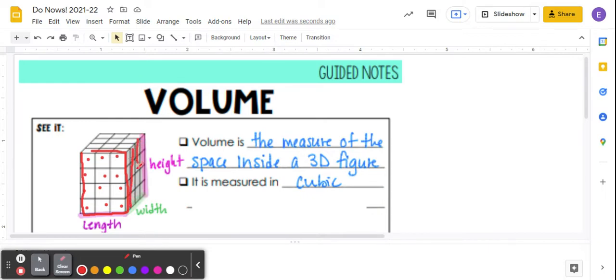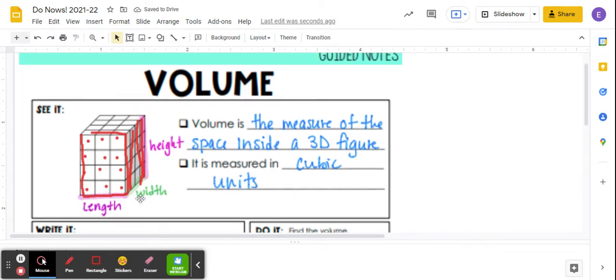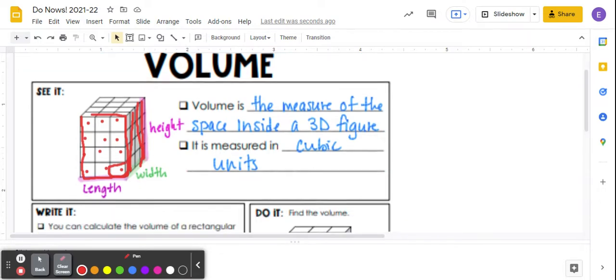Well, we have 2, 3, 4 of those layers. So it's measured in cubic units, which is what we're talking about there, those little cubes, right? This little cube here, how many of those would it take to fill the space? How many layers of the blocks are there?